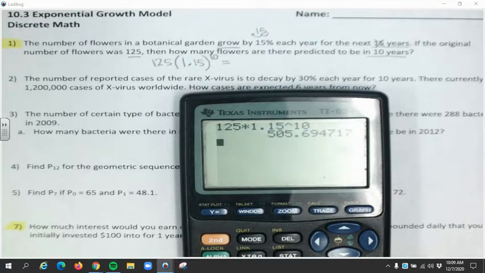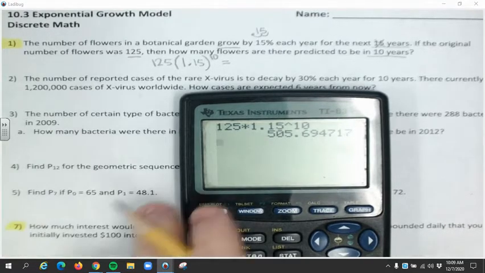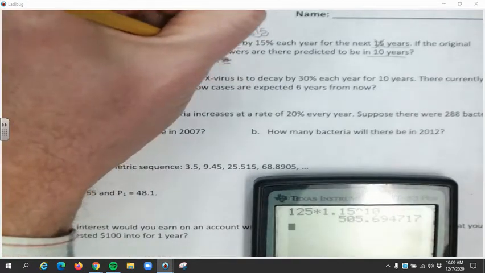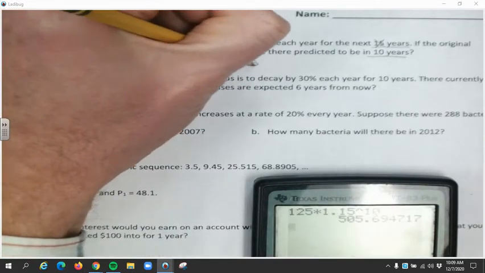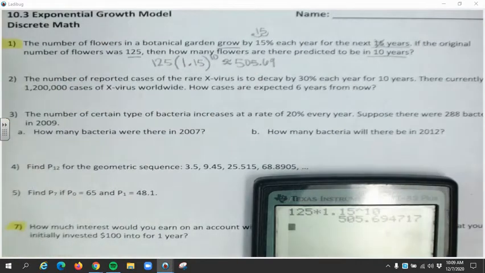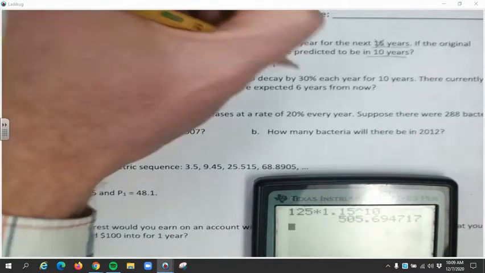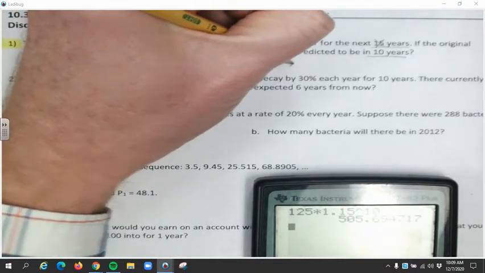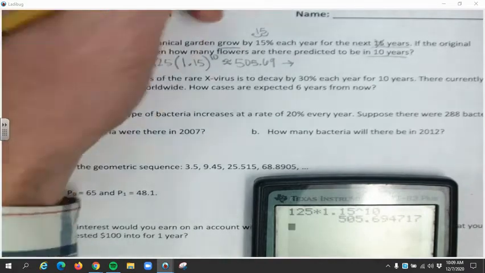I get about 505.69. Since this question is about flowers, you can't have part of a flower. Either you have a flower or you don't. I'll say that this number will just go to about 506 flowers.